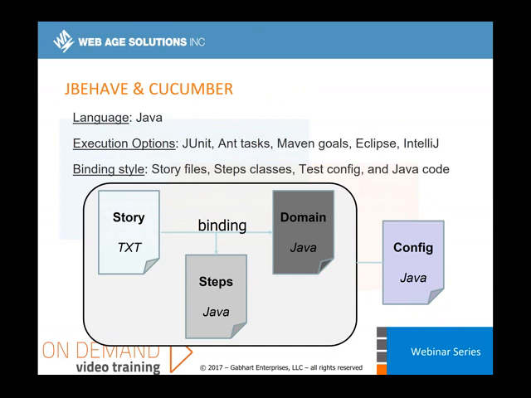The binding style is such that the story and correspondingly the scenarios are all packaged up in plain text. Then you've got the application code, which is what we're calling domain over there, in pure Java. And then the steps class, it says Java, but you almost want to think of it as kind of a hybrid. It has a little of both.